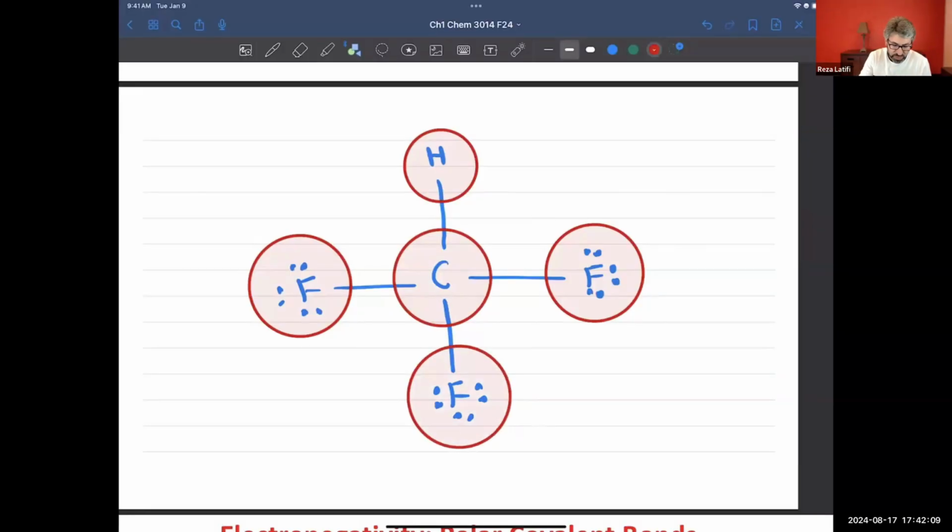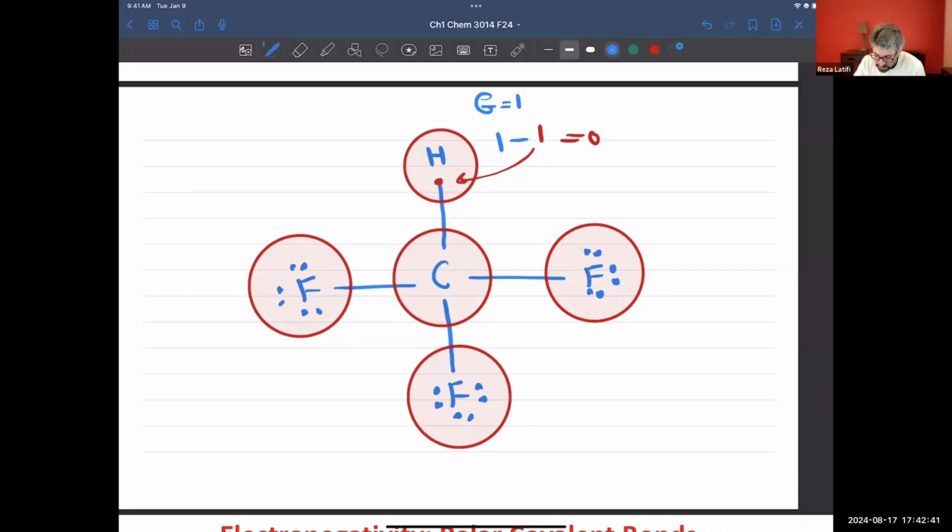Next, how many electrons inside the circle do I see? For hydrogen, I see only 1. Hydrogen is a group 1, so say 1 minus. How many electrons inside the circle do I see? Only 1. So 1 minus 1, that's going to be 0.